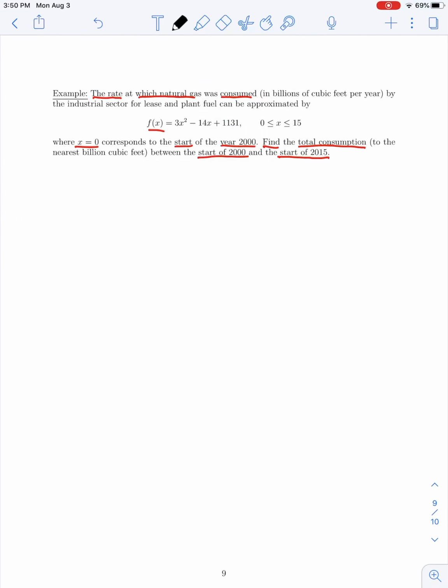So our consumption is evaluated as the integral from 2000, which corresponds to x equals 0, up to 2015, which corresponds to x equals 15, of our rate of change function, 3x squared minus 14x plus 1131, with respect to x.